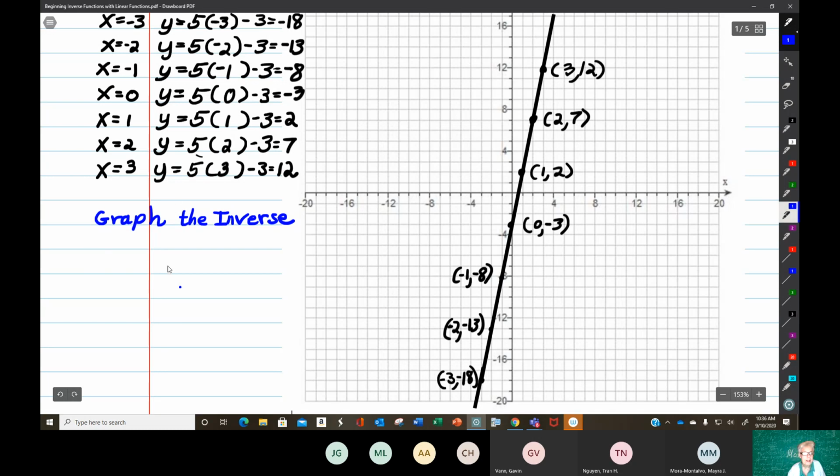The points on the inverse of the function are going to be (12, 3), (7, 2), (2, 1).